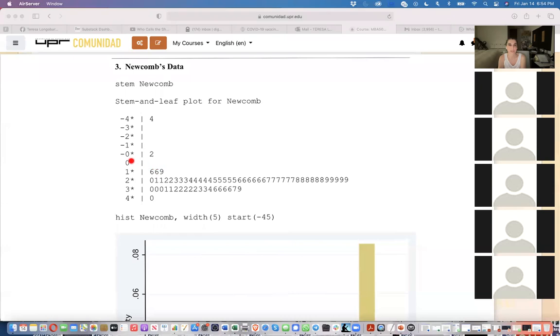So when we see something like this, when you see an anomaly, you need to investigate. Was there an error?